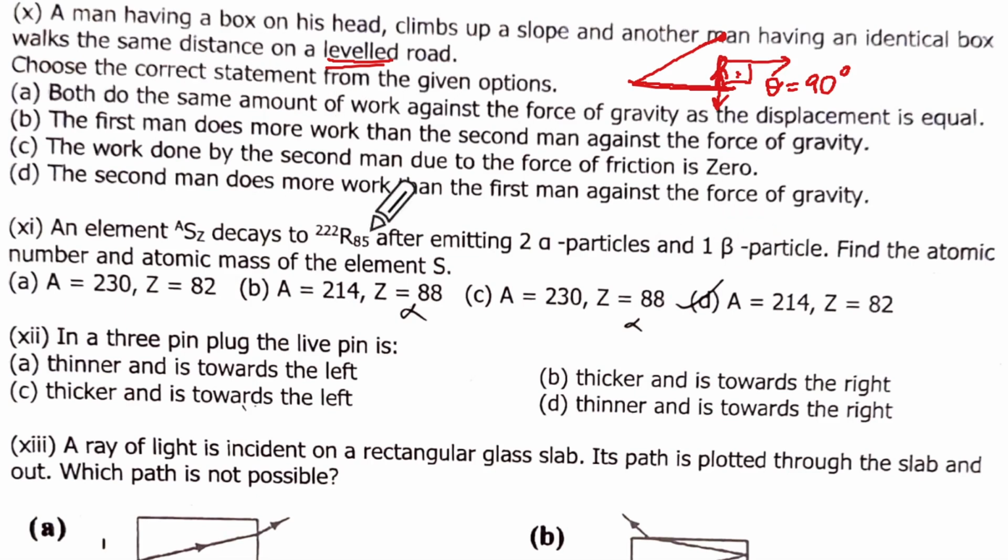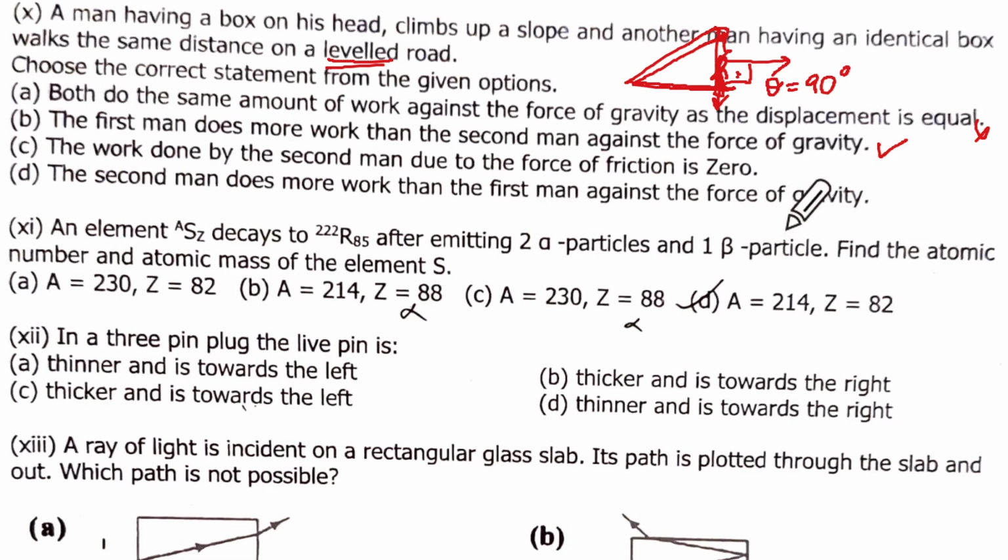Will it be the same work then? This one is climbing up, so he'll acquire this much height. So this one is not the correct one. First man does more work than the second man against the force of gravity is correct, because the second man is doing 0 work against force of gravity.